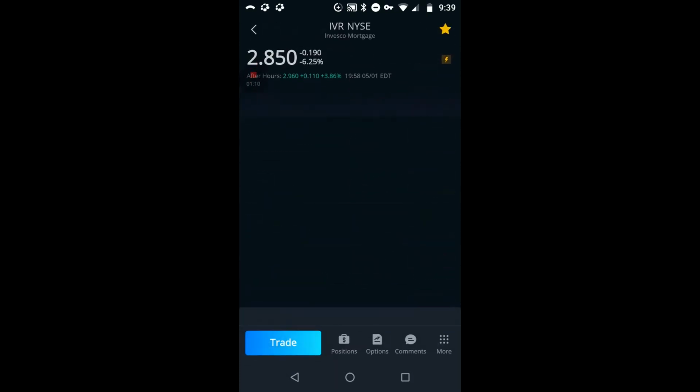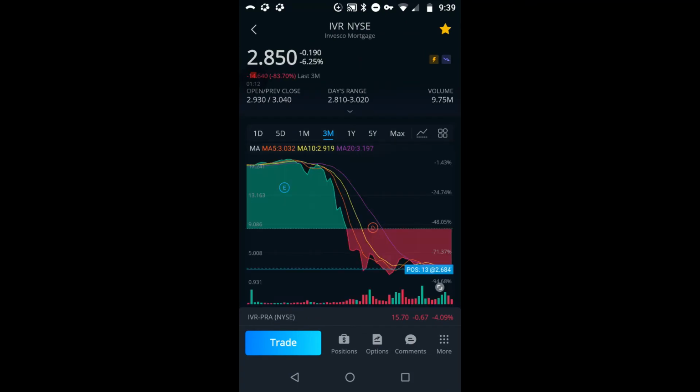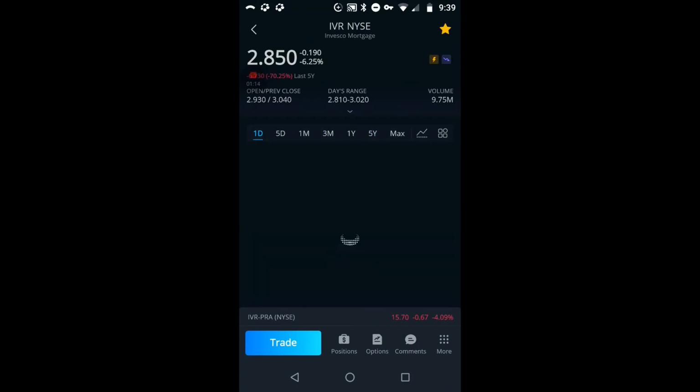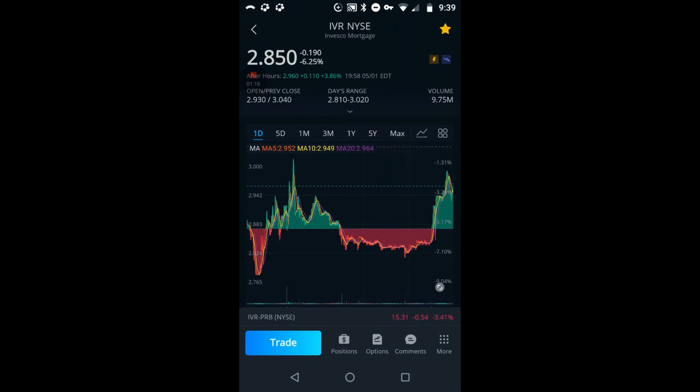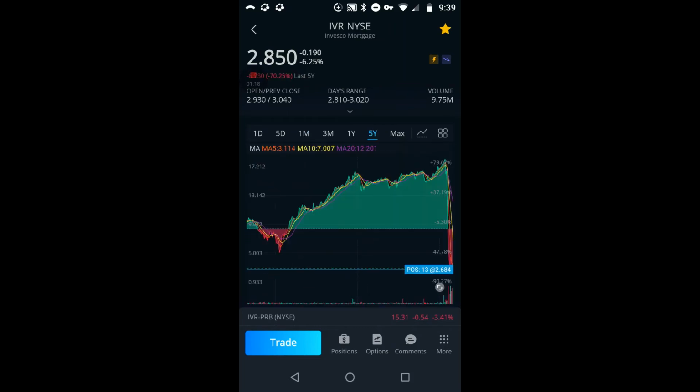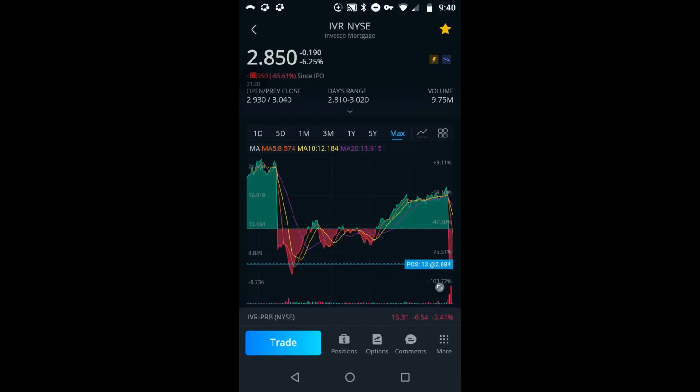So here we go. This is the same stock we looked at over in the Robinhood app. So we have 1 day, 1 month, 5-year, max. So what do we got? It would drop down here, 2012, 2011 through 2016.